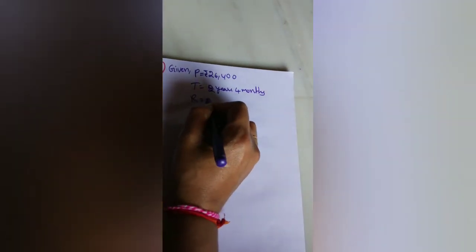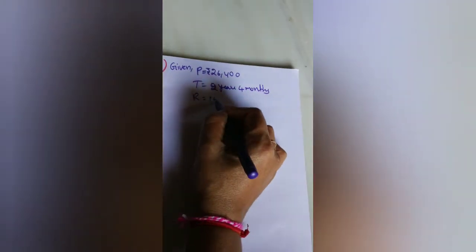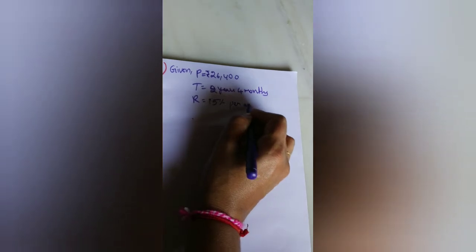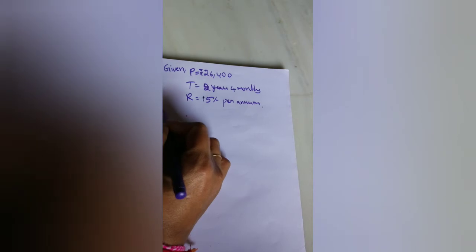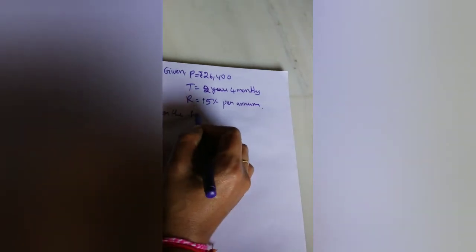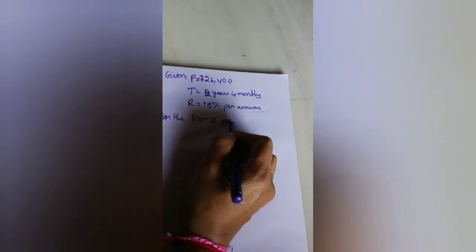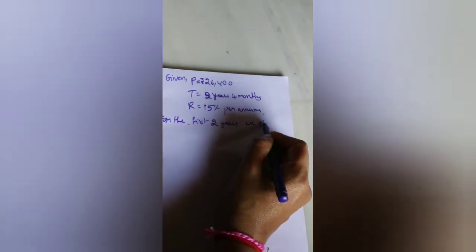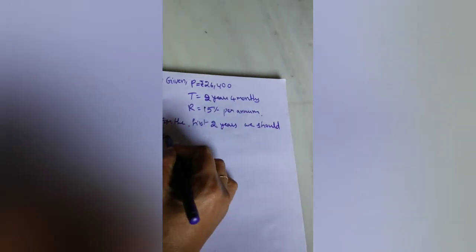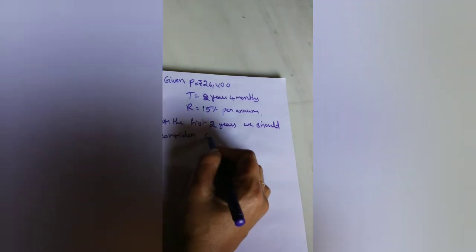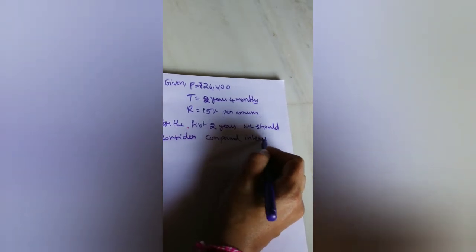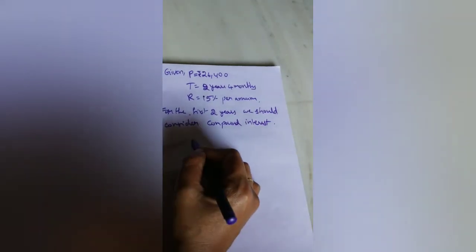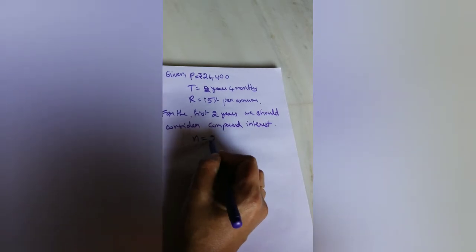Then the rate of interest is given as 15% per annum. Now for the first 2 years, we should consider compound interest. So here the N value will be 2.